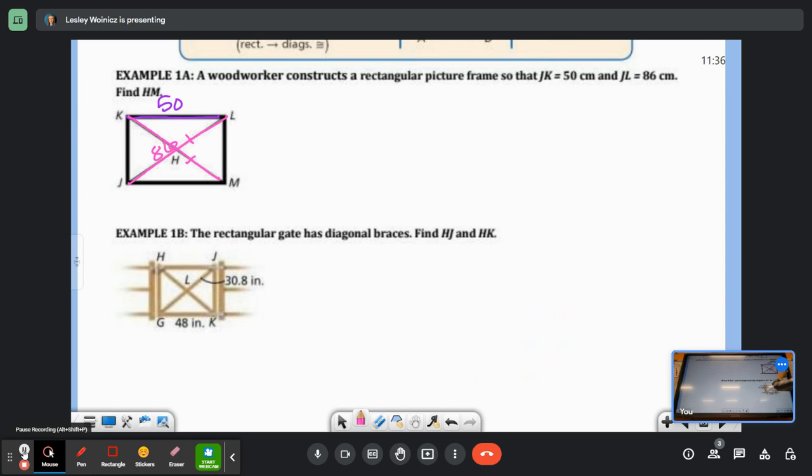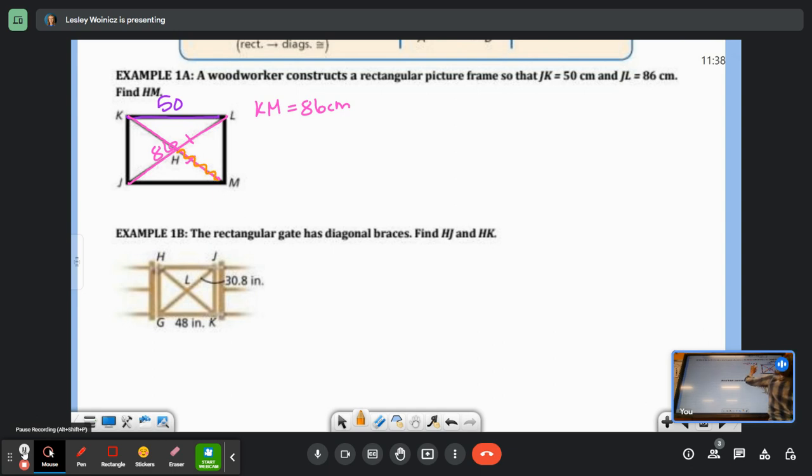So we know that KM is also 86 centimeters, so HM has to be half of that.